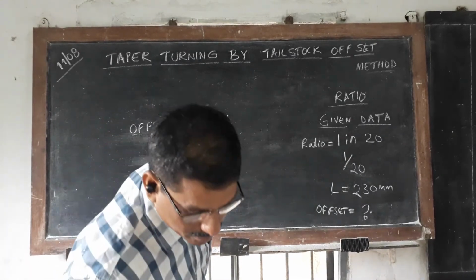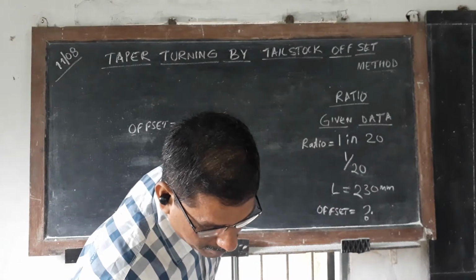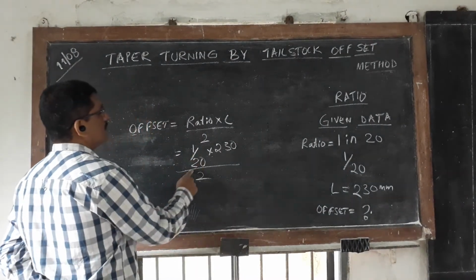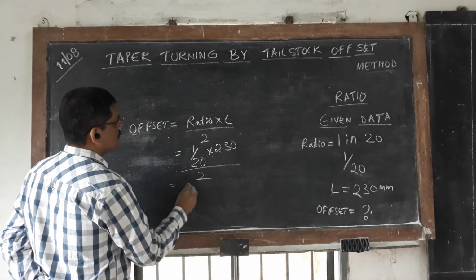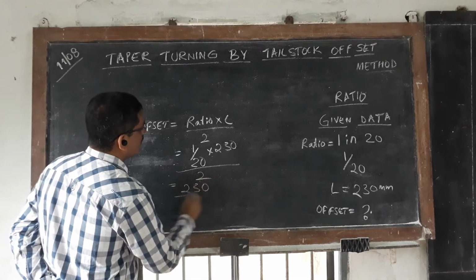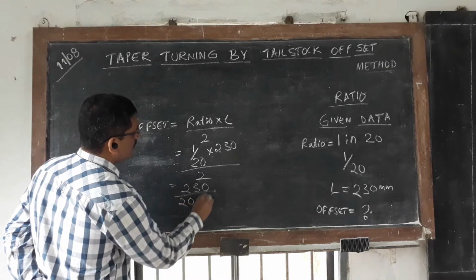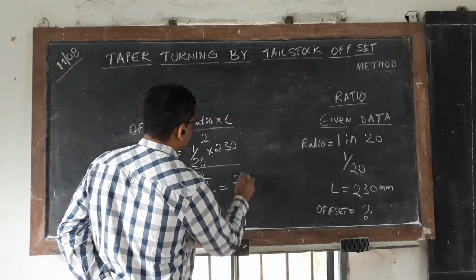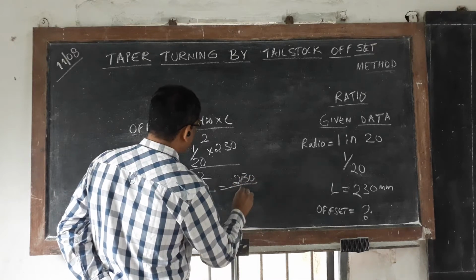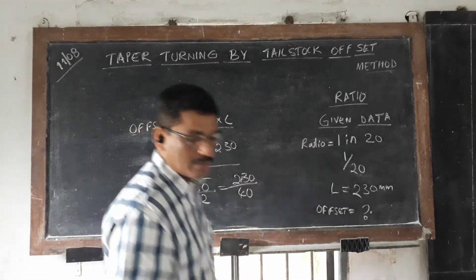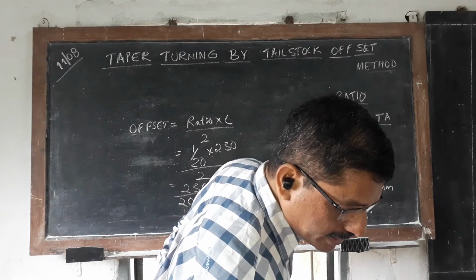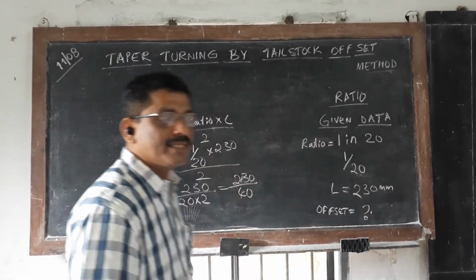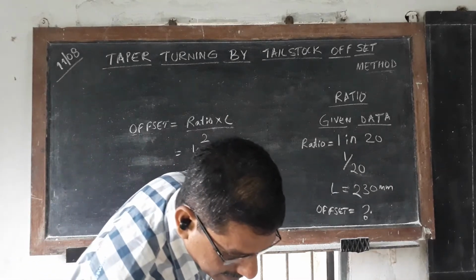If you multiply, you can directly get it. Also it can be done as 230 divided by 20 into 2, that is 230 divided by 40. Here also you will get the same answer.